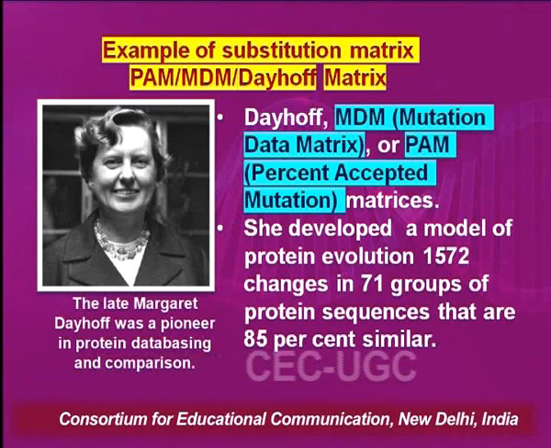Apart from that, she extensively worked with protein databases and their comparison. She developed a model of protein evolution based on 1572 changes in 71 groups of protein sequences. And she selectively took those sequences that were 85% similar.